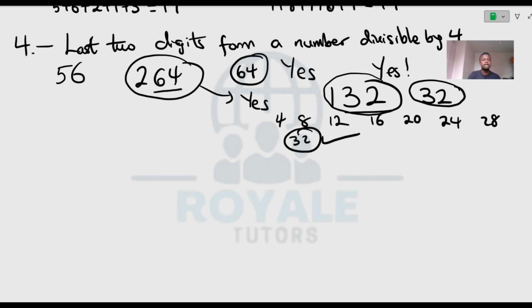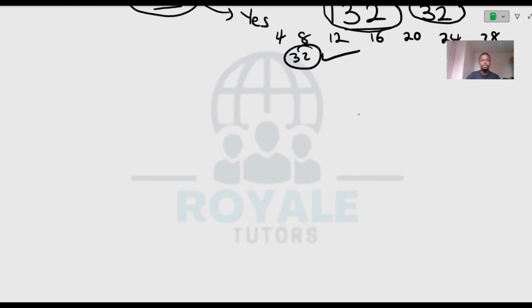All right, let's pick another example. Let's say we have 38,916. You check the last two digits, 1 and 6. What number do the last two digits form?